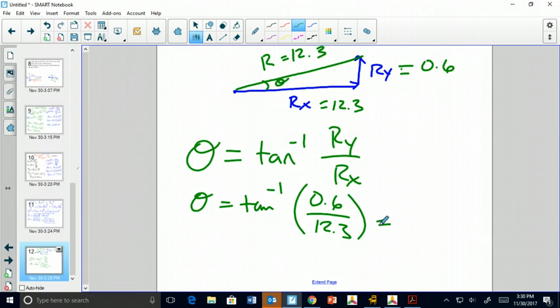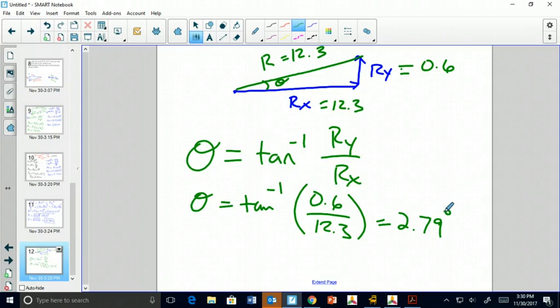0.6, I divide it by 12.3, and I get 0.048780. I take the inverse tangent of that, and I get 2.79 degrees.